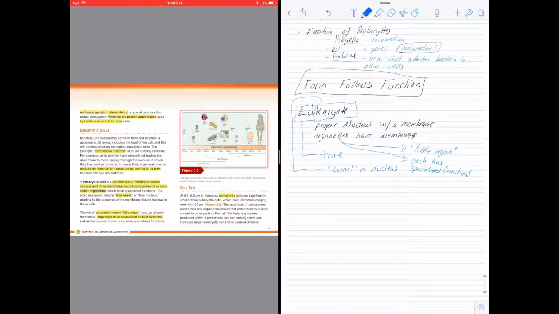And then the next section is going to start talking about cell size. I'm not actually going to write any notes right there because I don't want to make this video too long.